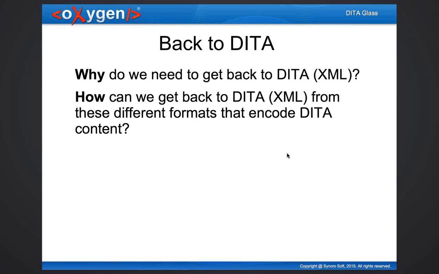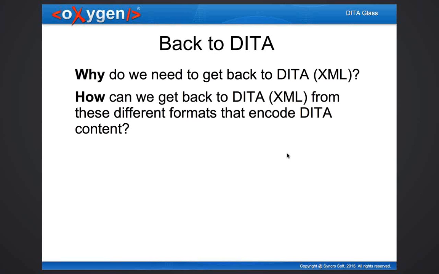So why do we need to get back to DITA XML? Because our processing workflows are based on that format, that, let's say, the normative format. So in order to use, for instance, the DITA Open Toolkit to process and publish the content, we need to have DITA XML.